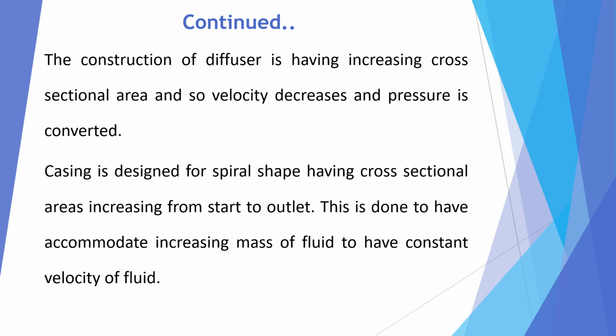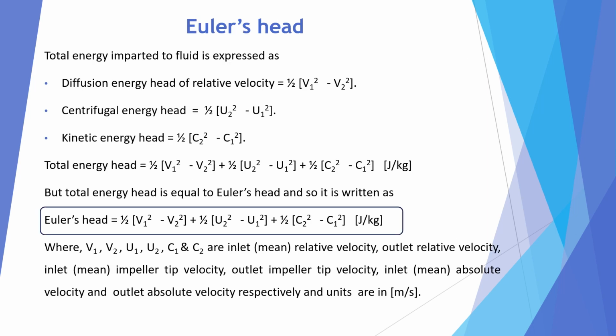Now, Euler head. What is Euler head? Let us understand this. The total energy imparted to the fluid is expressed as follows. Diffusion energy head of relative velocity is half into (V1 square minus V2 square). This is the diffusion of relative velocity energy head.